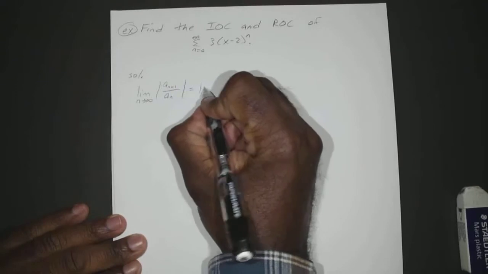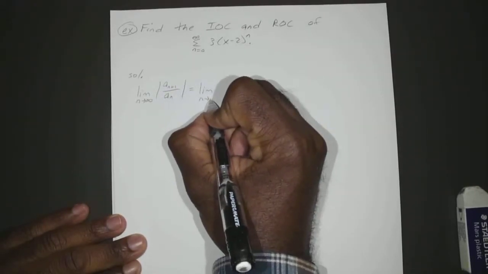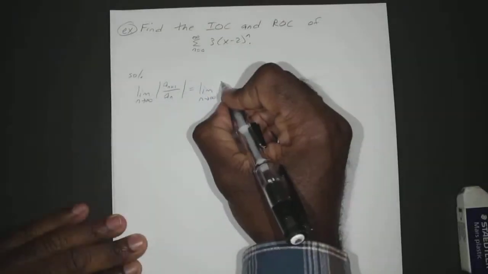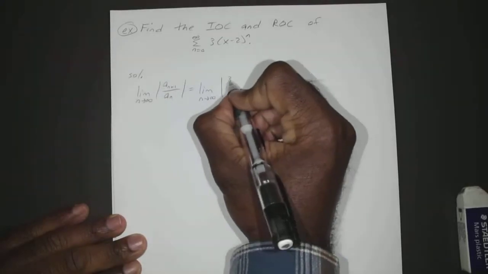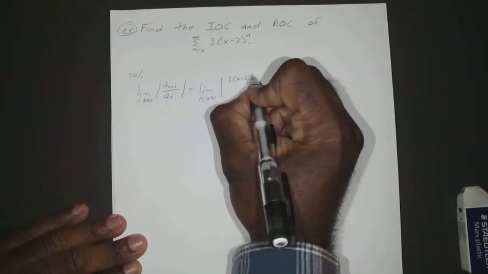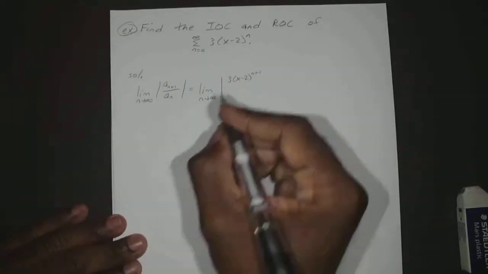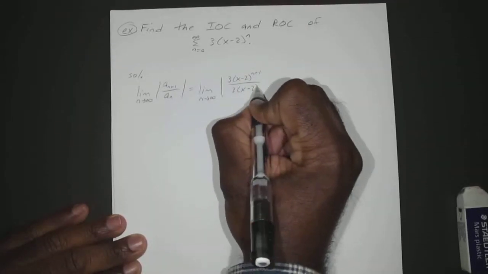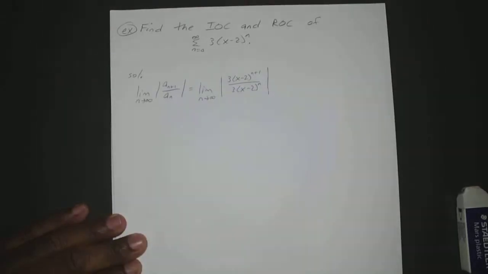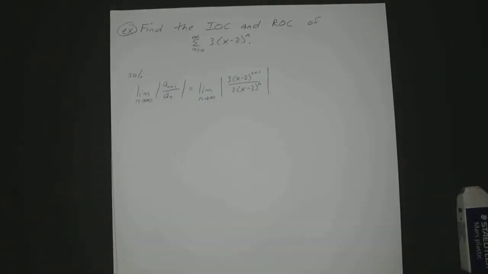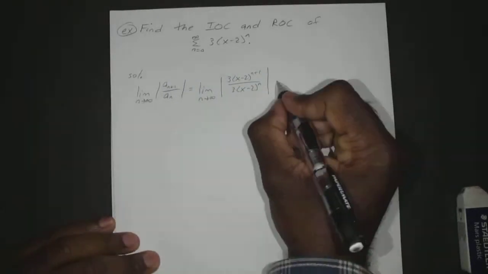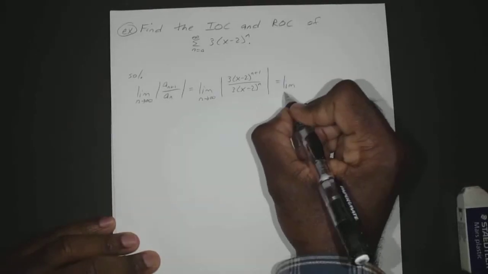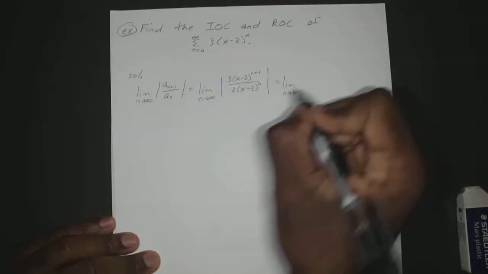So this gives us the limit as n approaches infinity of the absolute value of 3 times (x minus 2) to the n plus 1 over 3 times (x minus 2) to the nth power.